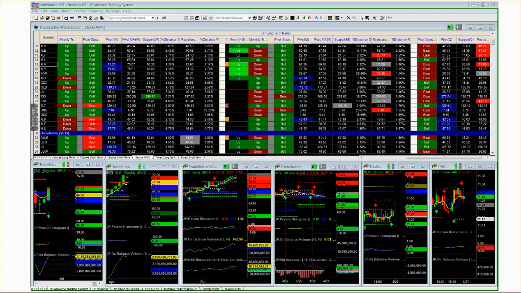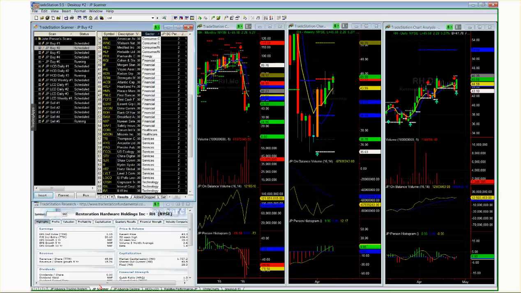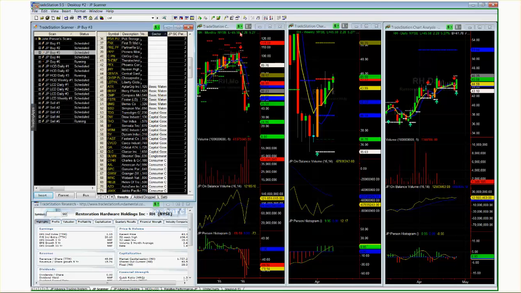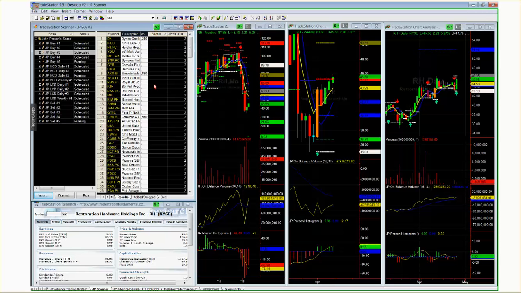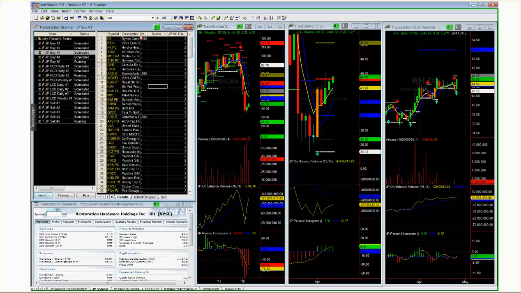It helps me to define whether or not there's value, and if there is value, is there concentration by running scans to help me determine where these buy signals are coming from and in what sectors, right? To be honest with you, this is something that we identified back in January when nobody was paying attention to this. These scans, we found out that a lot of preferred bank stocks were getting bought up.